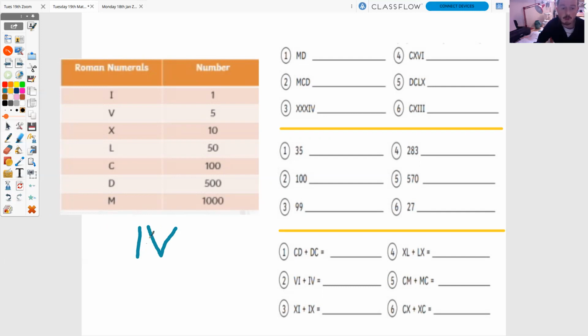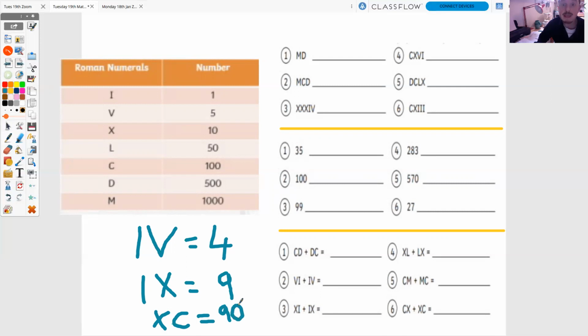So 1 before 5, and that means 4. If it's IX, it means 1 before 10, well, that's 9. And the one that I always get caught out on is XC, 10 and then 100. Well, that's 10 before 100. So XC, excuse my writing, it's all wobbly, XC is 90. All right, so watch out for that one.